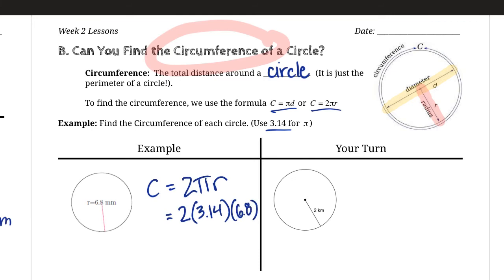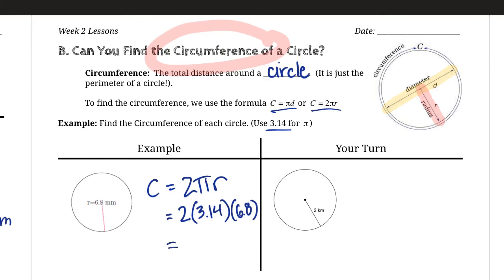So remember, when there are brackets sitting beside each other, it means multiply. I like to put the brackets in when I plug numbers into a formula, because it makes it simpler to simplify, and it makes sure you don't make a mistake. Okay, so I can just do that on my calculator.